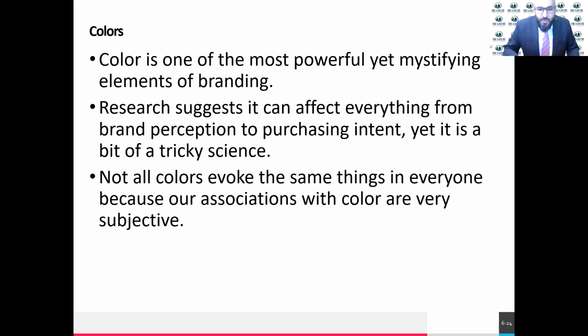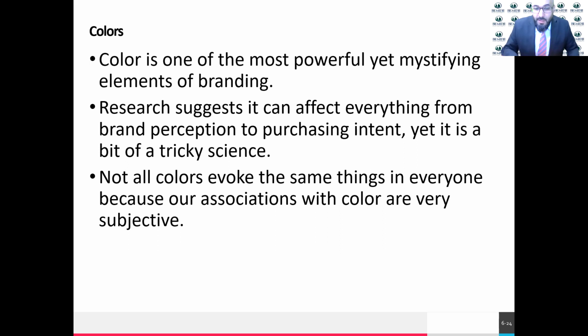Color is one of the most powerful tools that we use in branding. It's the most important element of branding. Researchers suggest it can affect everything from brand perception to purchasing intent, yet it is a bit of a tricky science.